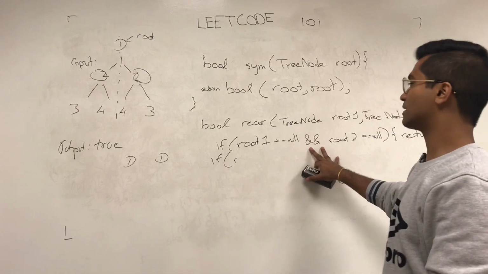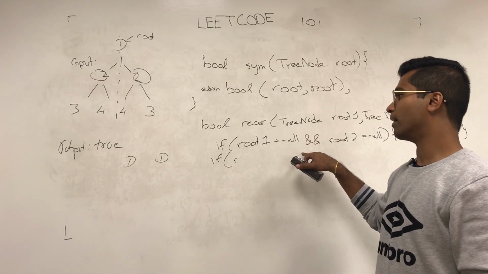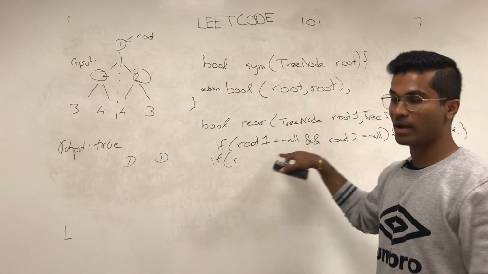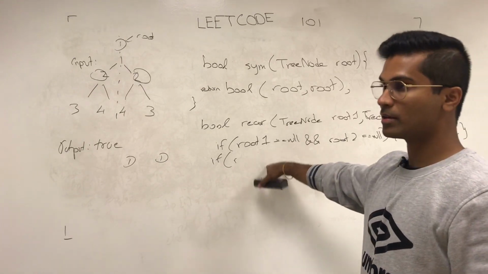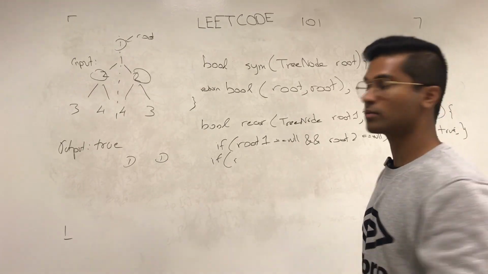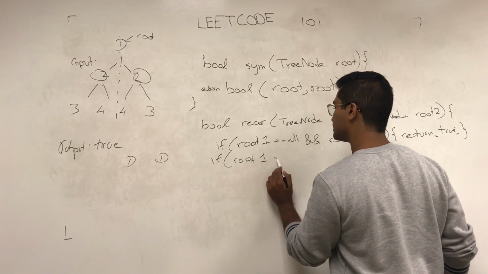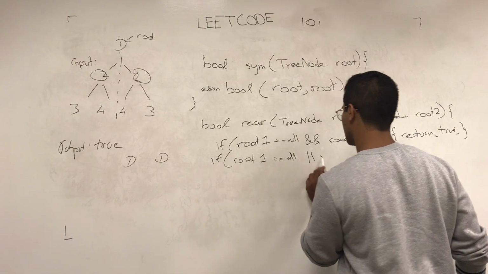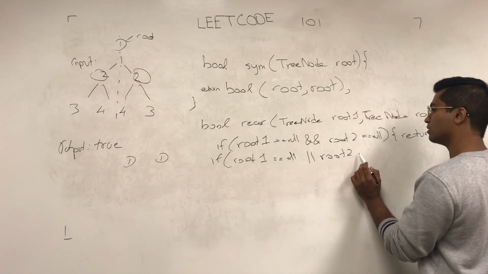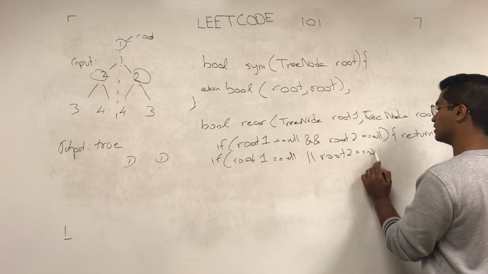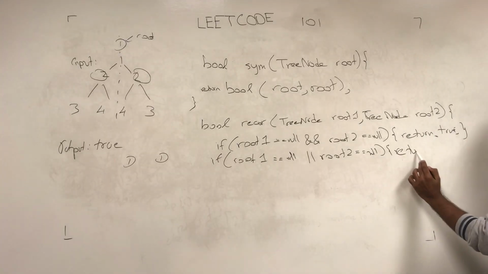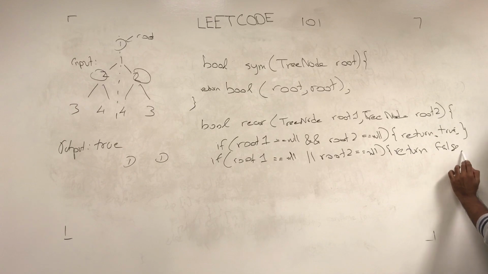For that we can write the same thing except make an or. Because it would have passed the first if statement of checking if they're both null, this will work just fine. If root 1 is null or root 2 is null, then we return false.